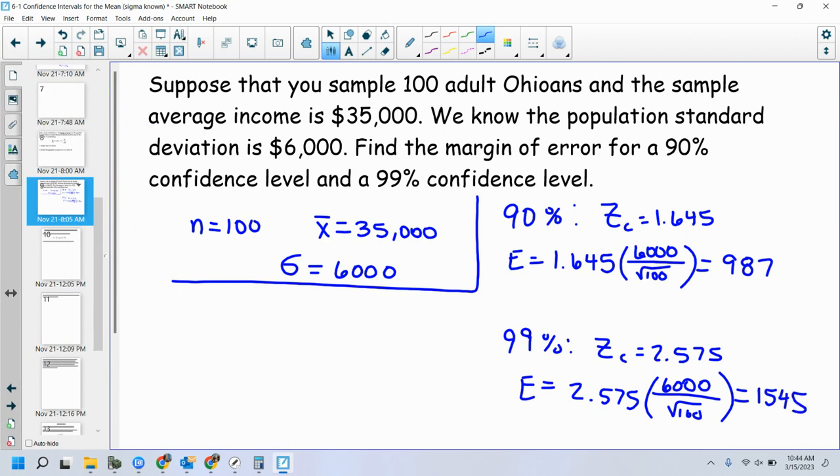So why is it going up? Because if I want to be more confident, I'm going to need to widen my range of values. If I decrease my range of values that I'm going to fall into, I have to be less confident. Does that make sense? So they kind of work inversely.